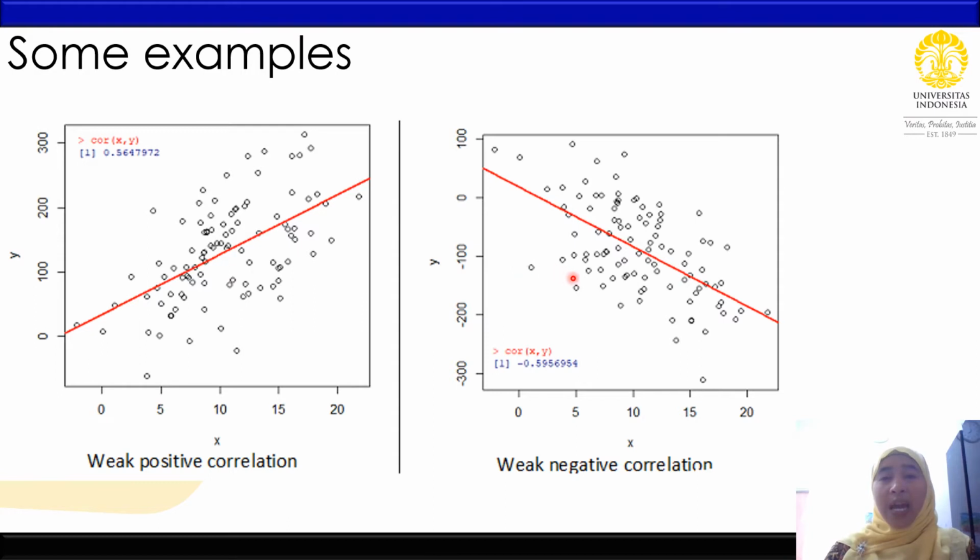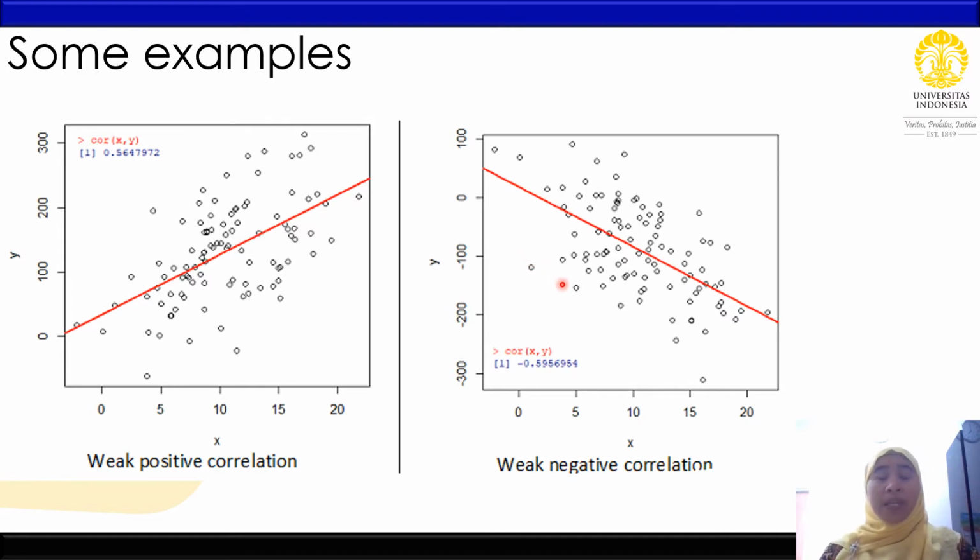On the other hand, on the right hand side, we see that the slope of the line is negative, and we got the correlation is minus 0.5956954. So we see that there is a correlation between x and y.